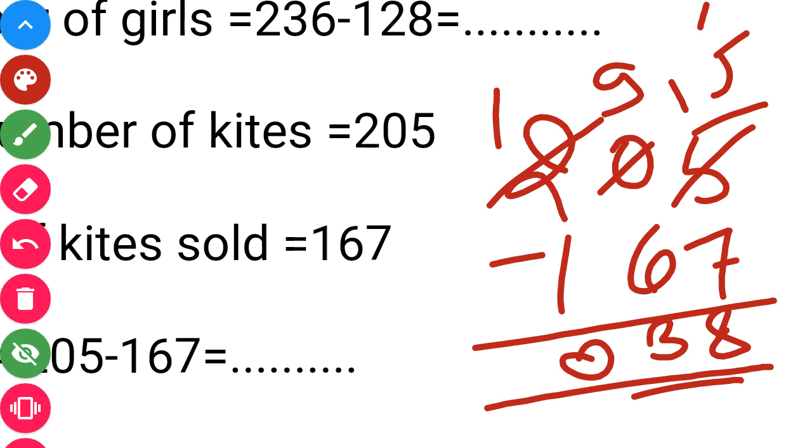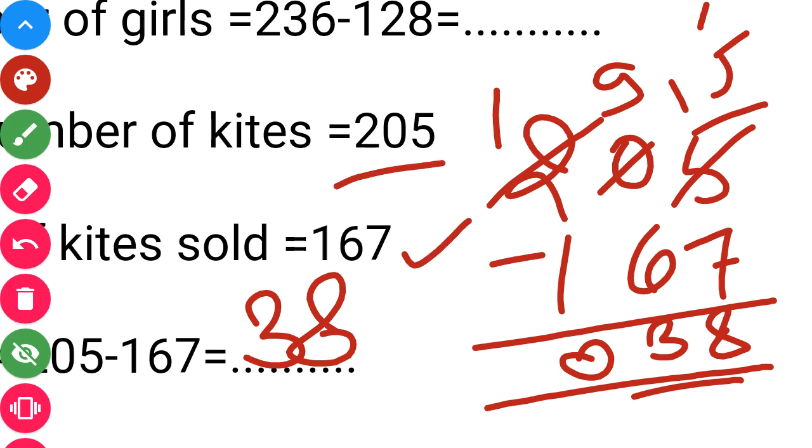So 38 kites are left with him. So total number of kites is 205. Number of kites sold equal to 167. So remaining kites is 38.